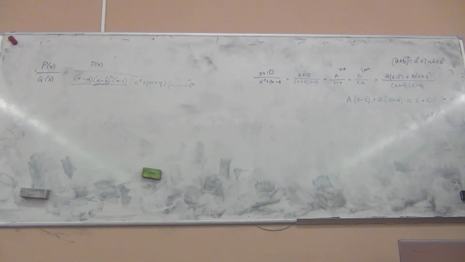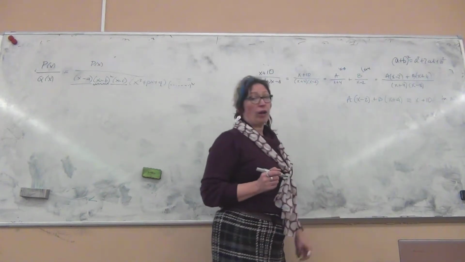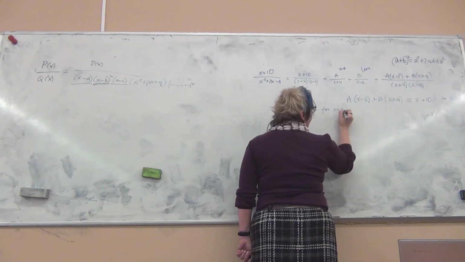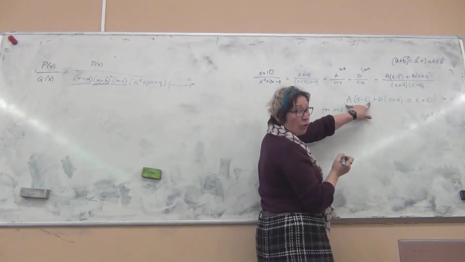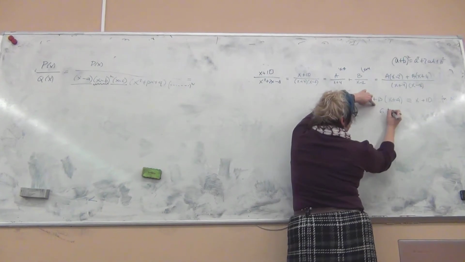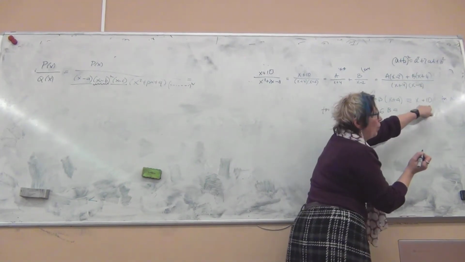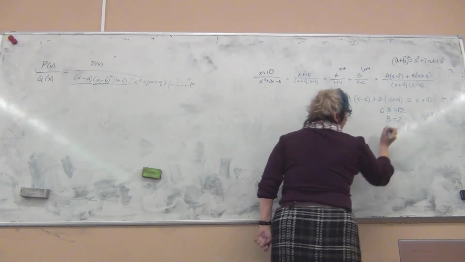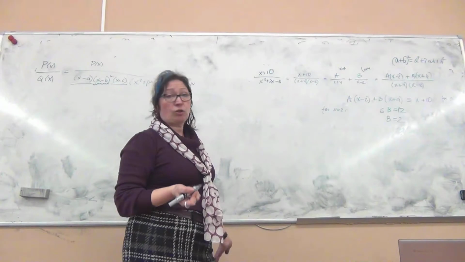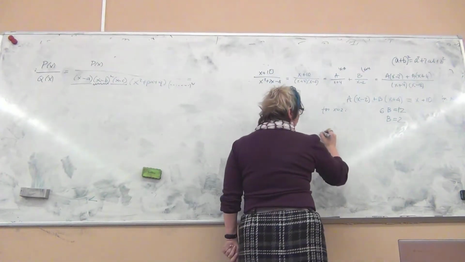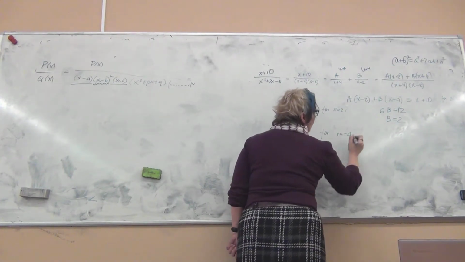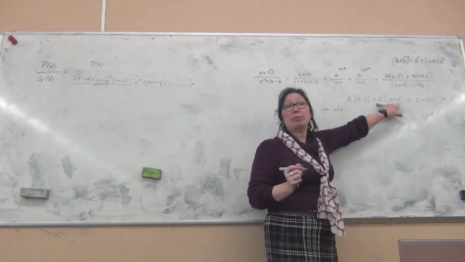Now let's choose some values of x and make equations. What are good values for x to choose? 2, of course. For x equal to 2, this becomes 0, this becomes 6b, and this becomes 12. So I can see that b has to be equal to 2. It's not so bad. And another good x value? Minus 4, because with that, this becomes 0.